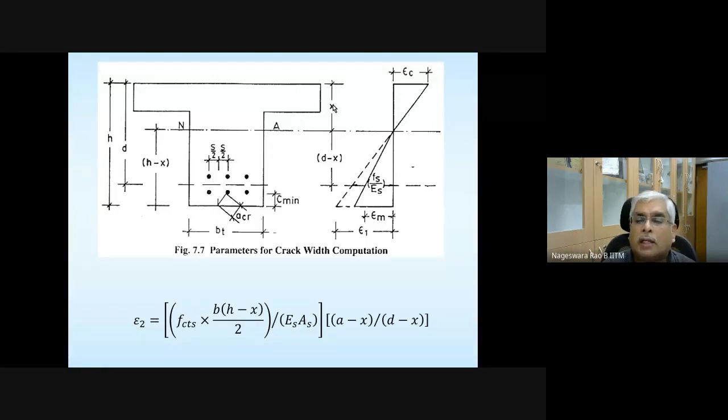So the same notation is used here. x is the neutral axis depth, and if x is the neutral axis depth, then the distance to the centroid, or say CG, of the reinforcement is d minus x. Okay, and please note that this is what is called the soffit of the beam.